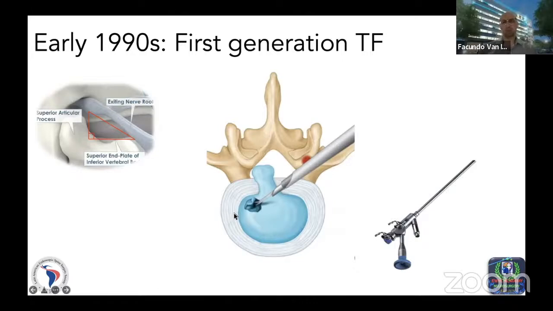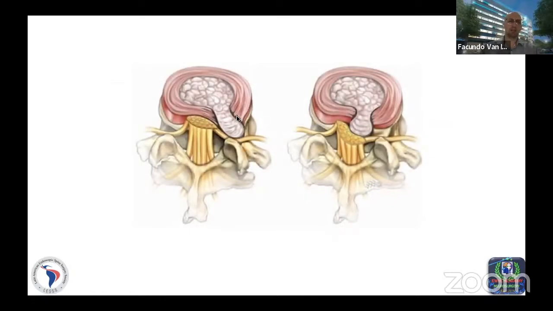So they would go into the center of the disc and take out the center of the disc, and they expected to lower the disc herniation by lowering the disc pressure. Of course, it was a really rudimentary technique, and the only indication they had was to treat foraminal and intracanal pathology using the foramen as an anatomical window.